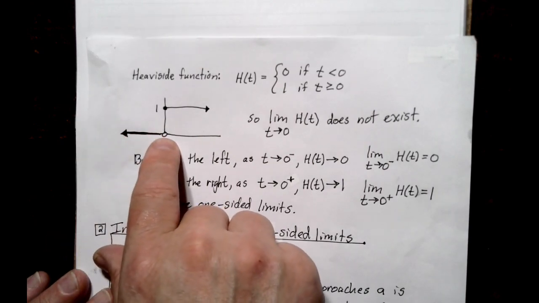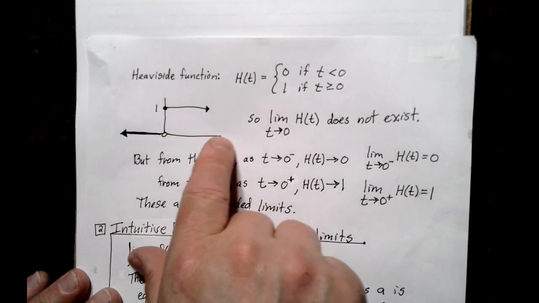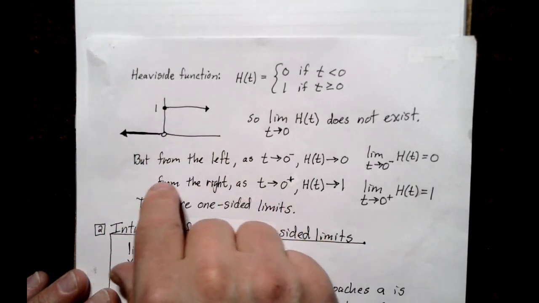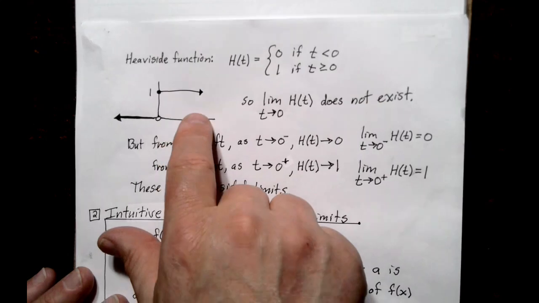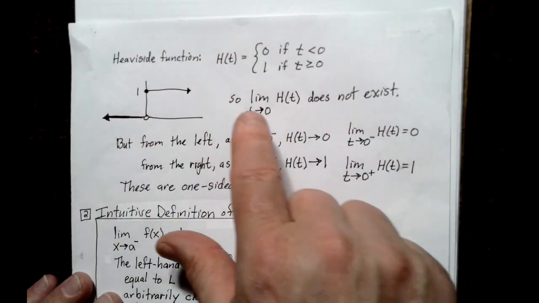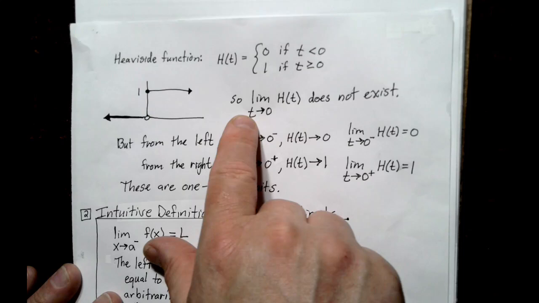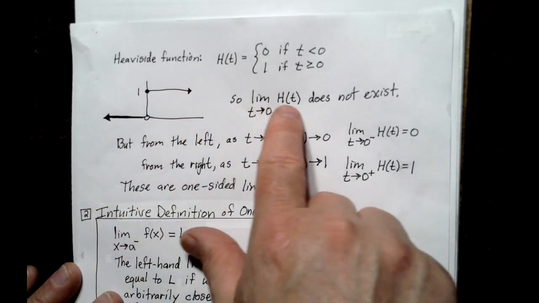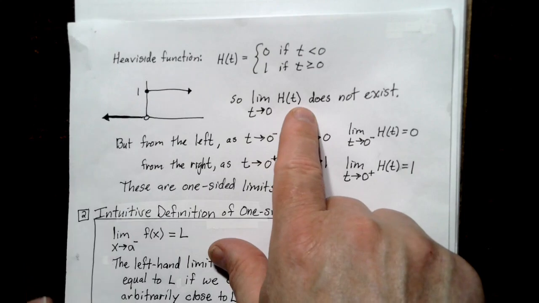As soon as you hit 0 or greater, it flips up and becomes 1 immediately. Right, this is describing an electrical current going through a wire or something like that. So if you looked at this guy, you would see from the left you approach 0, from the right you approach 1, so you would say the limit does not exist.